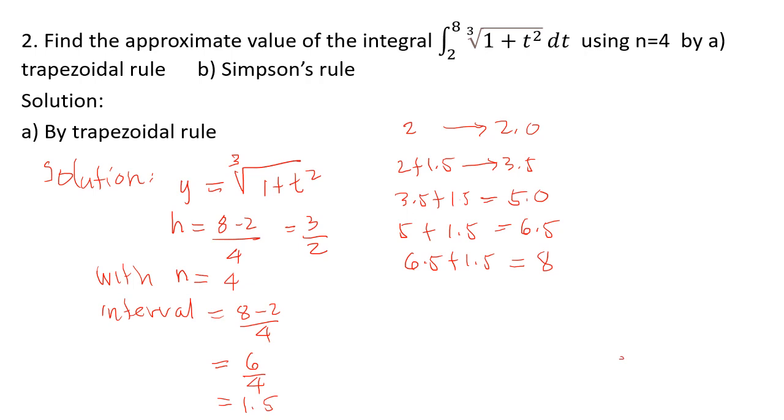So by the trapezoidal rule, let V equal the trapezoidal, h times 1/2 y0 plus y1 plus y2 plus up to 1/2 yn.